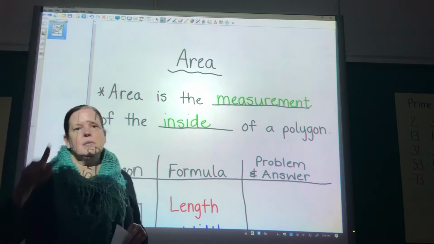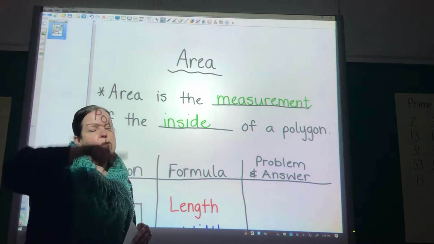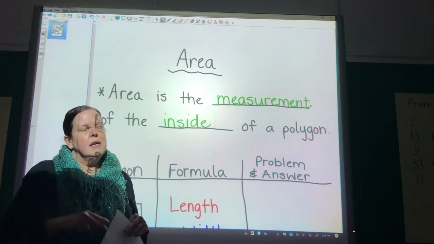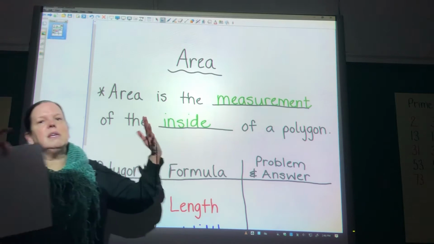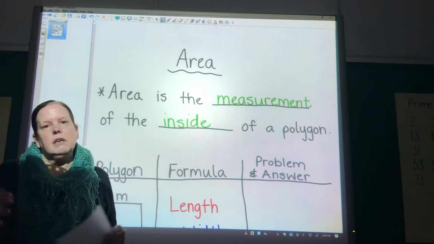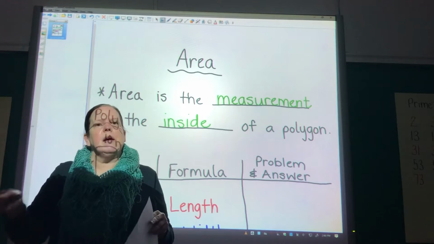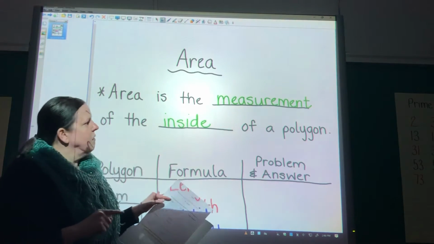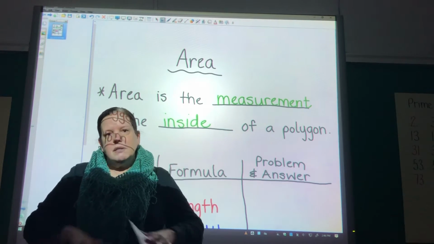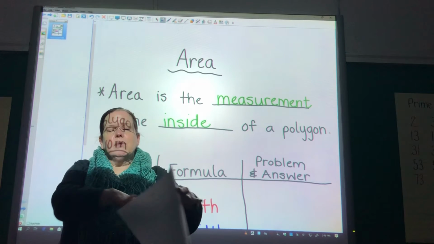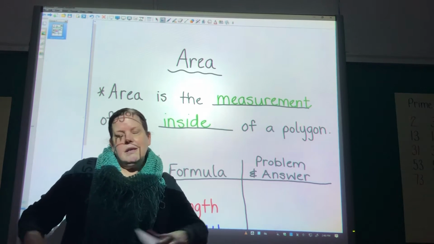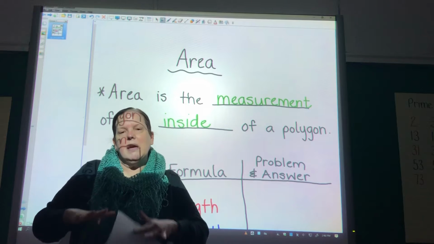So where perimeter was the distance around the edge or outside of the polygon, area is the measurement on the inside. We can think of perimeter as fencing around a yard. We could think of area as carpet in a room. You're covering the inside, the floor of that room, that would be area.